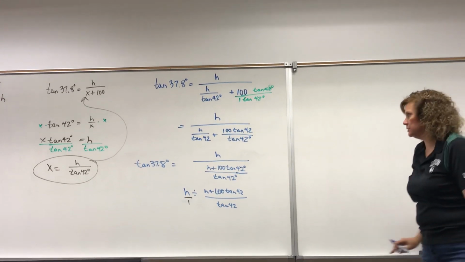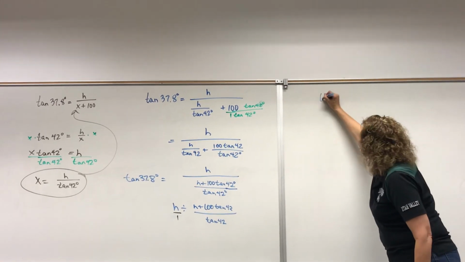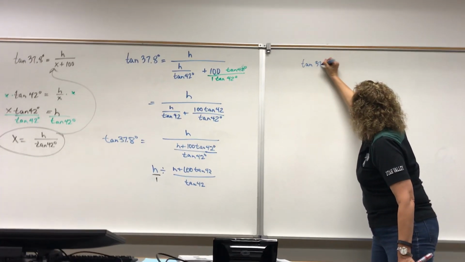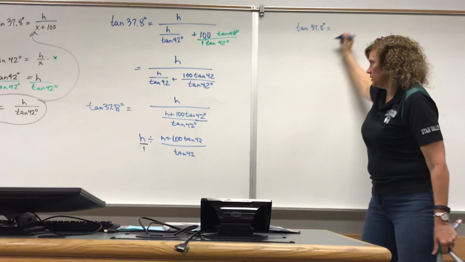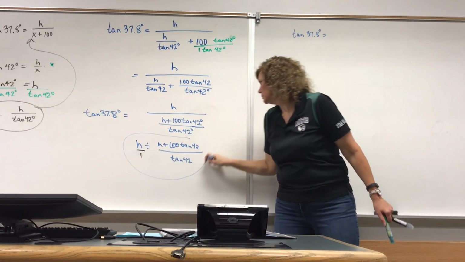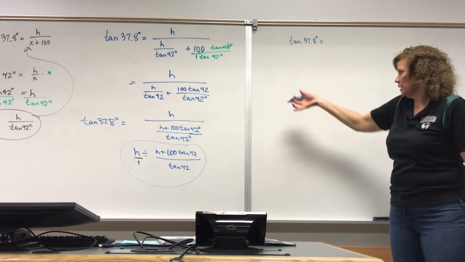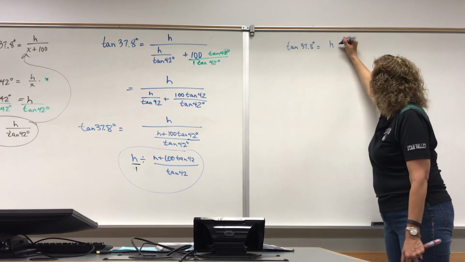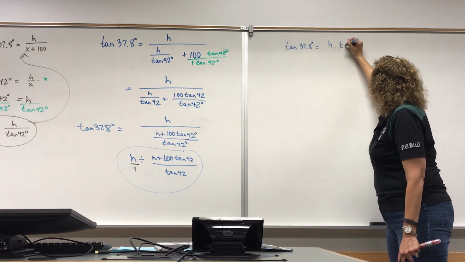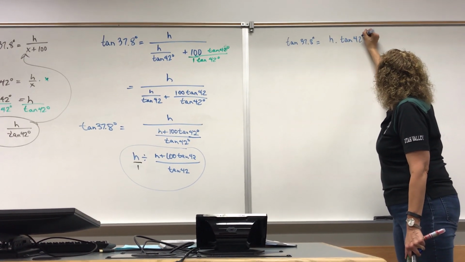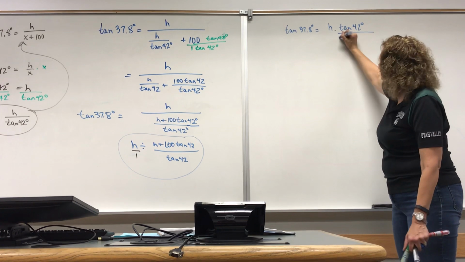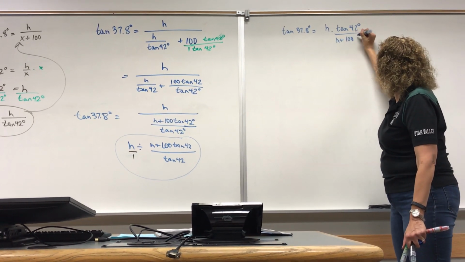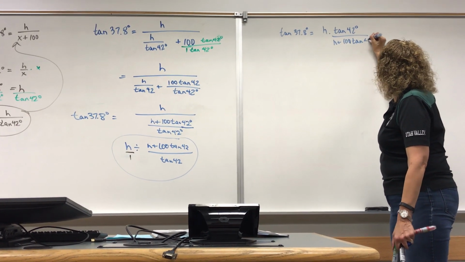Multiply by the reciprocal of the second one. So the left-hand side is the tangent of 37.8 is equal to... We're going to multiply by the reciprocal. So we're going to get h over 1 times the tangent of 42 over h plus 100 tangent of 42.